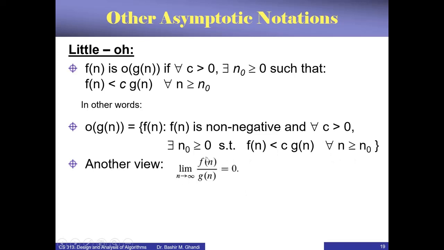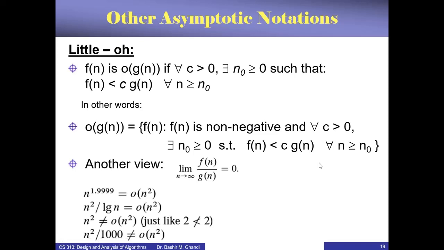If you take the limit of f(n) over g(n) as n goes to infinity, you get 0, because g(n) is strictly greater than f(n). As you increase n, you are dividing by a very big value, so eventually you get 0. This is another way of putting it.